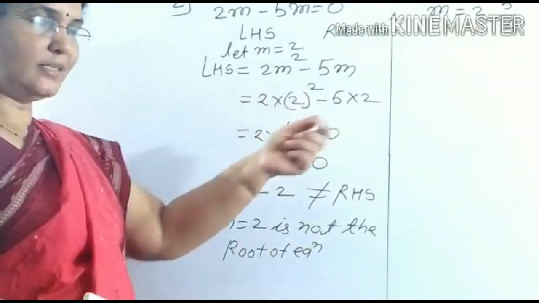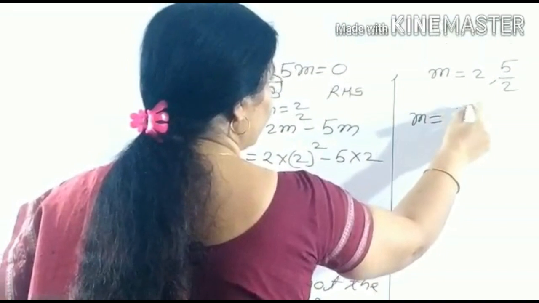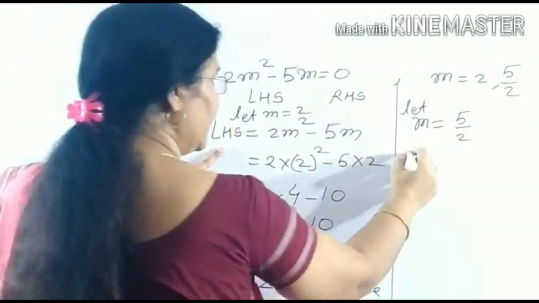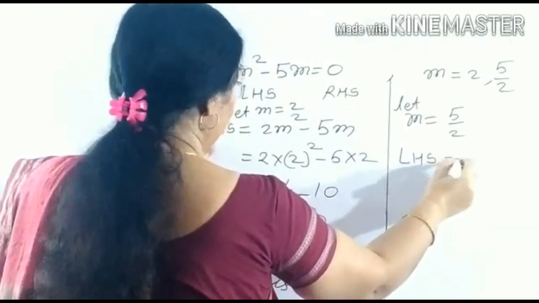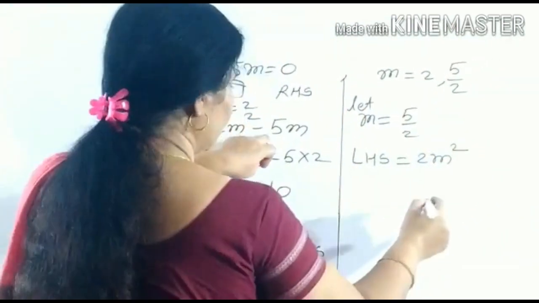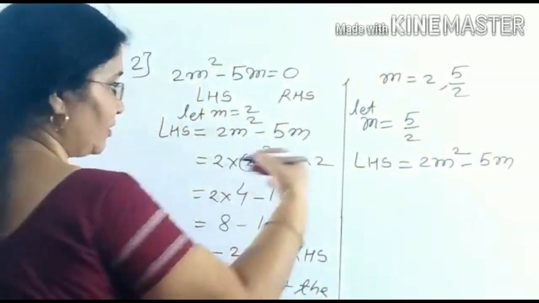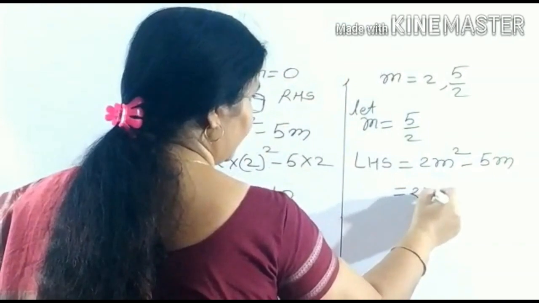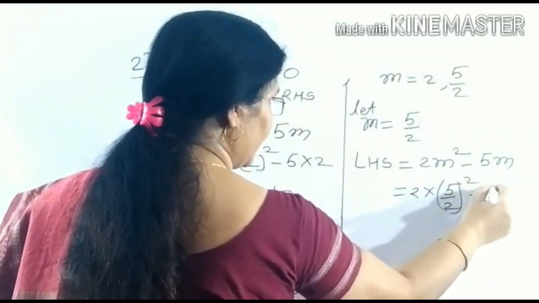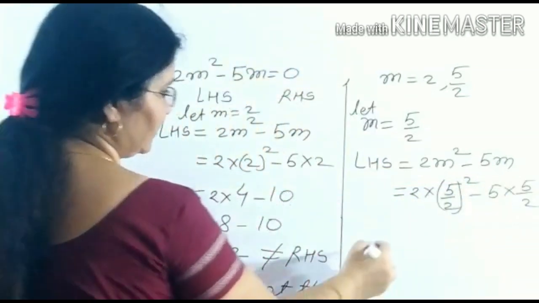Let's check the second value, m is equal to 5 by 2. We are going to check this. Take LHS. LHS is equal to 2m square minus 5m. Instead of m, what we have to put now? 5 by 2. 2 into its square minus 5 into 5 by 2.